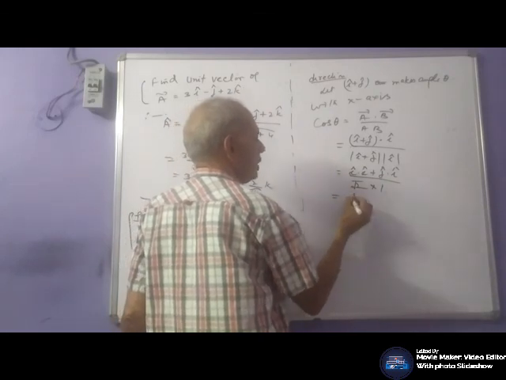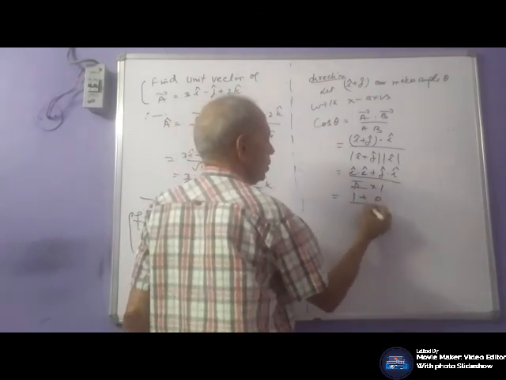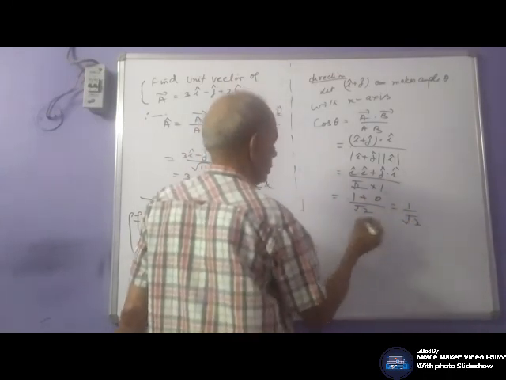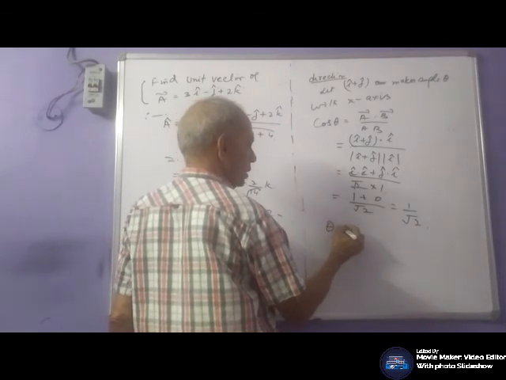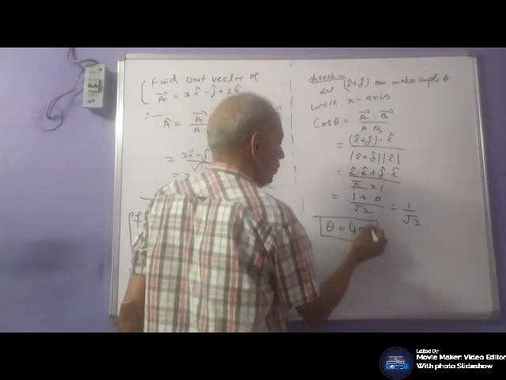So it is 1 by root 2, or theta is 45 degree.